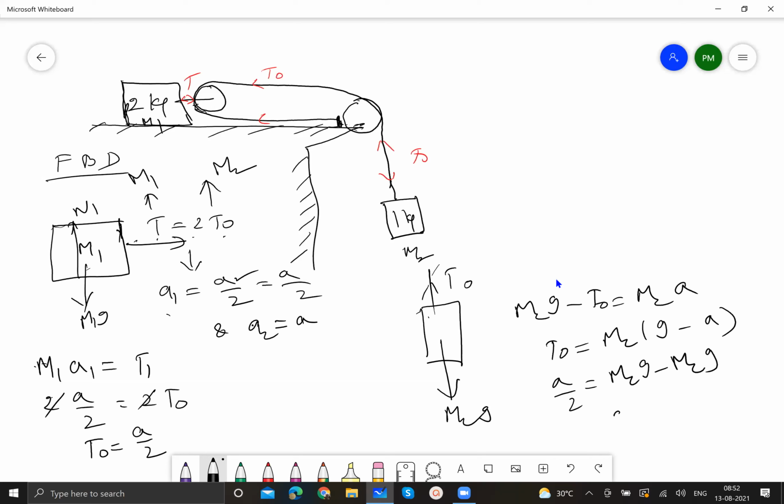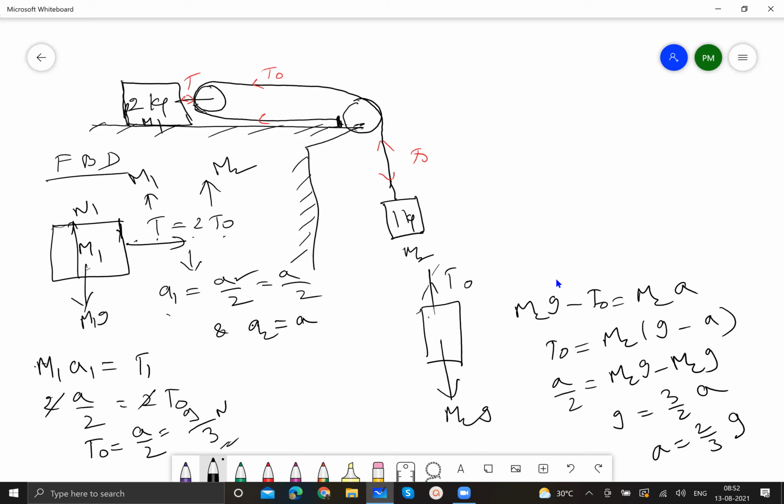From this we'll get g is equal to 3 by 2 A, or A is equal to 2 by 3 g. So T naught is equal to A by 2, that is g by 3 newtons.